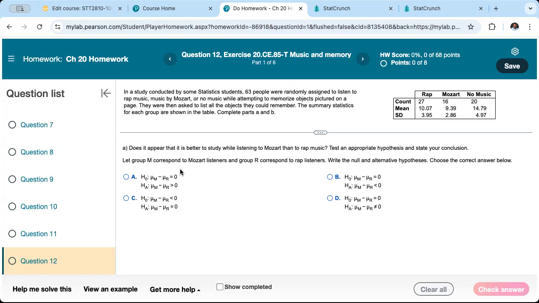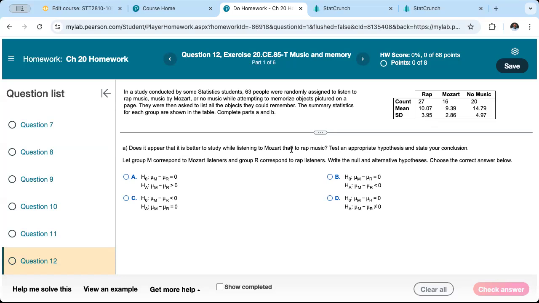Now, the question says, does it appear that it is better to study while listening to Mozart than to rap music?